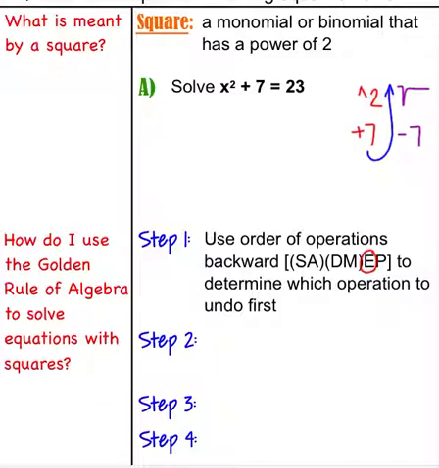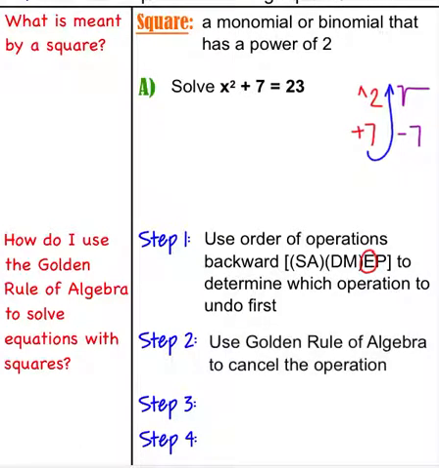So when I look here at x squared plus 7 equal to 23, I am going to use that golden rule of algebra to cancel the operation by first subtracting 7 on both sides. That will cancel this, leaving me with x squared, and then 23 minus 7.